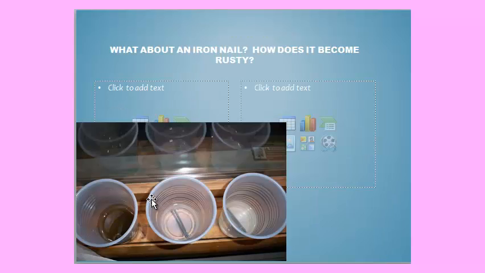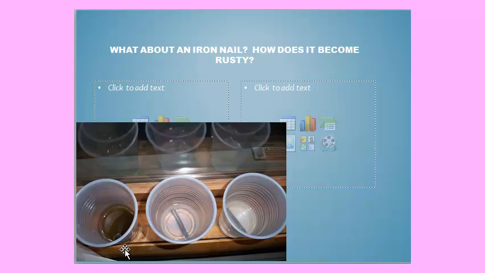Alright, so what about an iron nail? How does it become rusty? We're talking about the chemical change of an iron nail. That iron nail goes through a chemical change when iron in the nail combines with oxygen in the air to form iron oxide.